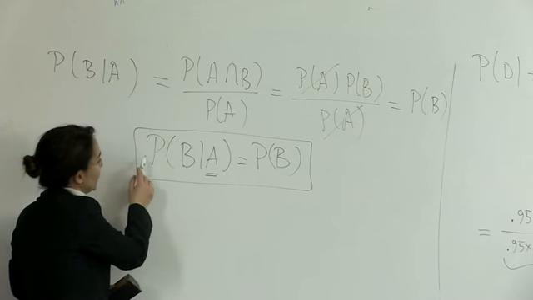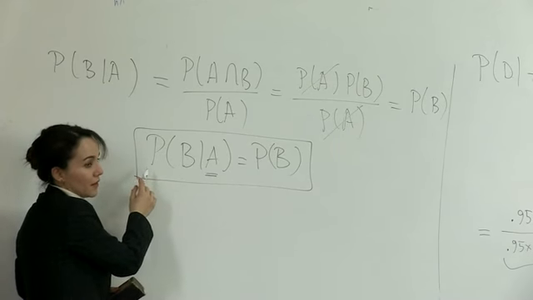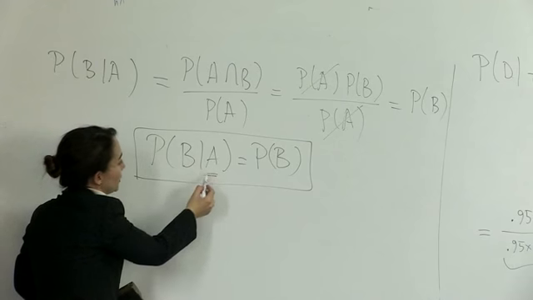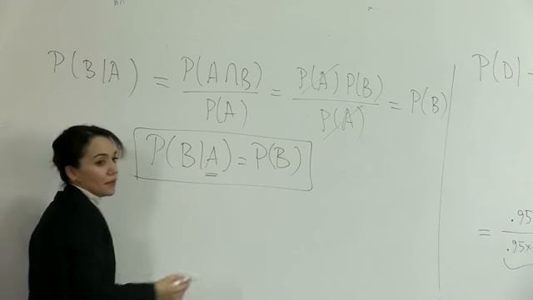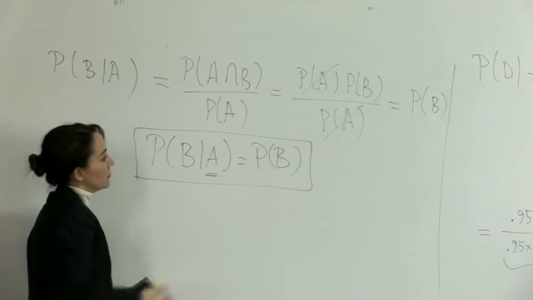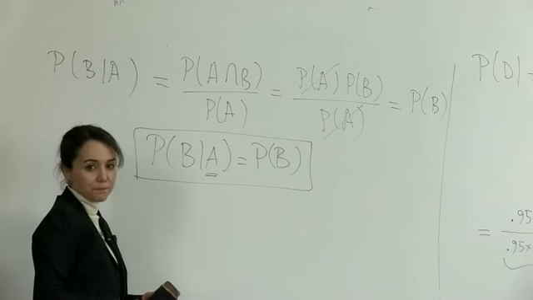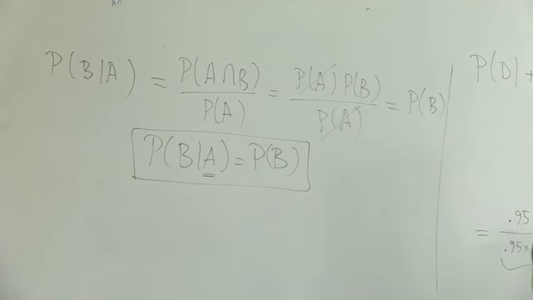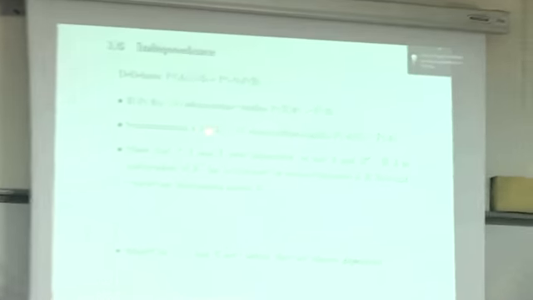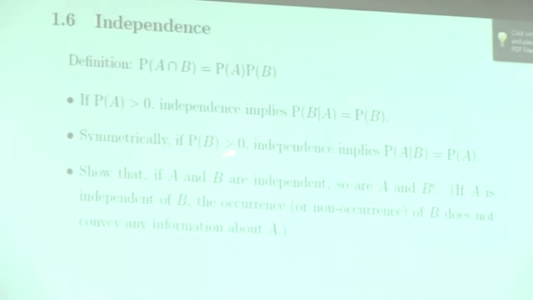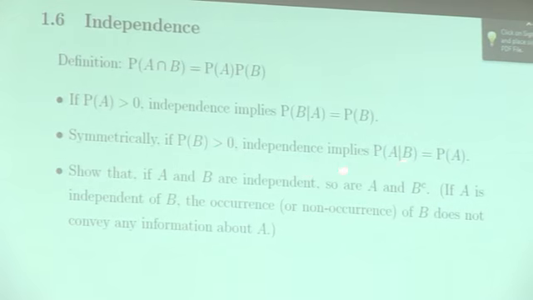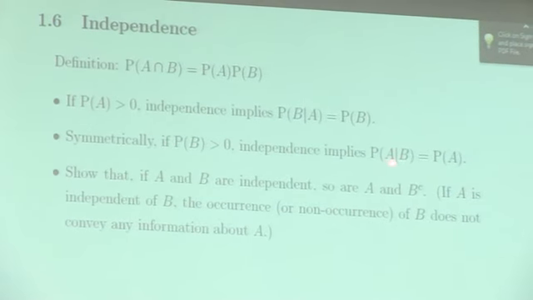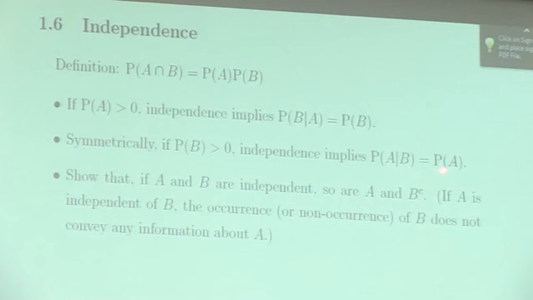This is an equivalent definition of independence whenever this event that we're conditioning on, this event A, has probability different from 0. Okay, so what's next? Now, by symmetry, if the probability of B is different from 0, independence of A and B implies the probability of A given B equals probability of A.